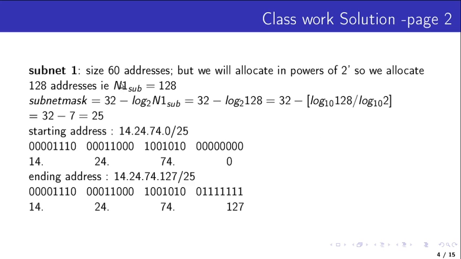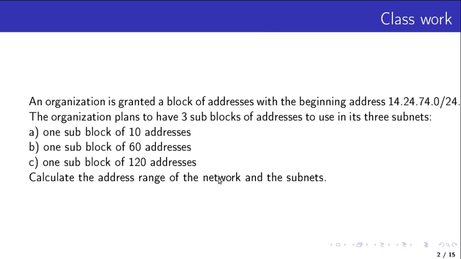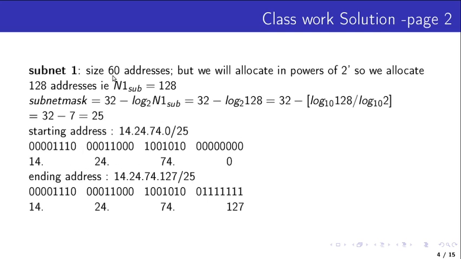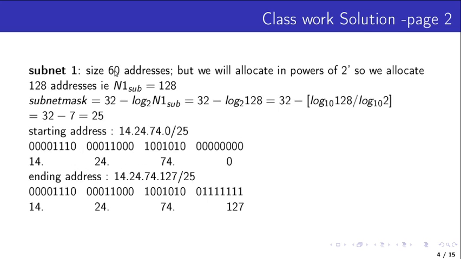Now the first subnet. The size asked is not 60, the size is 120. So size 120, the first subnet address is 120, so we'll allocate 128, right?